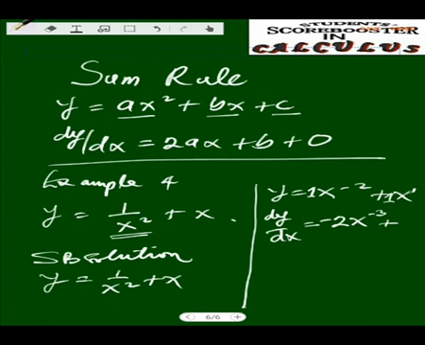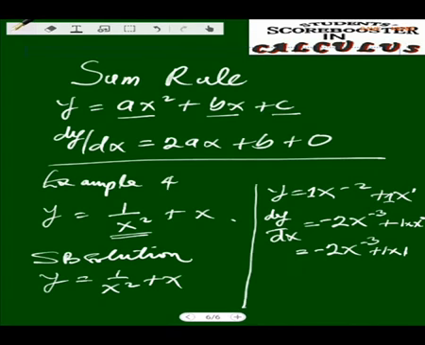So it's going to be 1 times 1, which is 1, times x to the 1 minus 1, which is 0, so it's going to be x raised to power 0. With that you are going to have minus 2x raised to power minus 3, plus 1 times x raised to power 0. Anything raised to power 0 is 1.